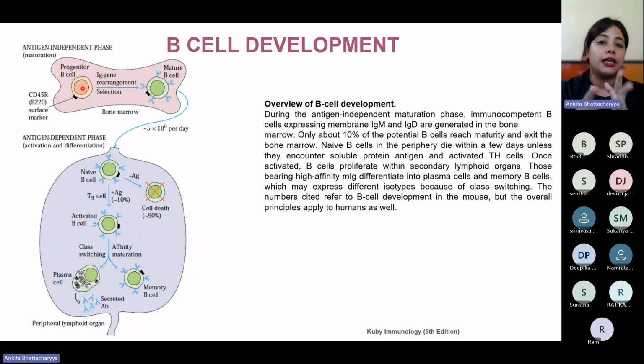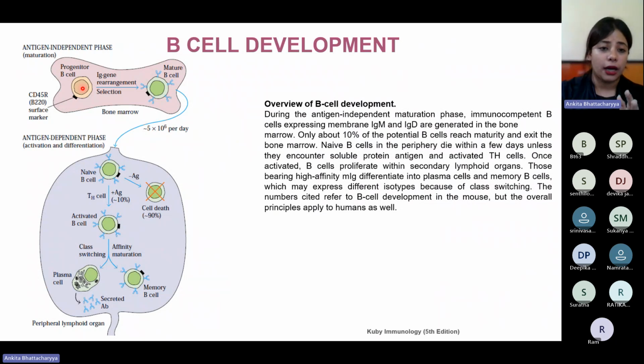If you remember correctly, I'd mentioned that approximately 10 to the power 5 BCRs and TCRs are expressed on these cells respectively. So after that gene segment rearrangement has occurred, there is selection and there is maturation into a B cell of a particular lineage.